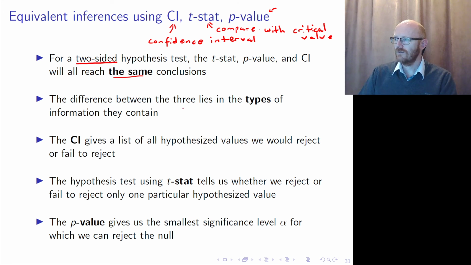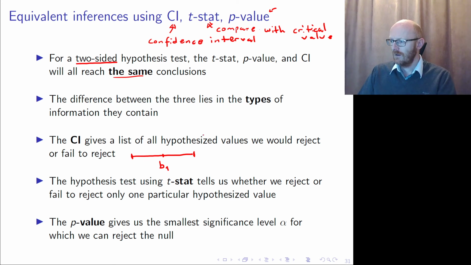Okay, and the difference between these is really about what kind of hypothesis you can test with them, or what you are actually testing. For example, the confidence interval gives you a range of values in which you are quite certain the true value of the population parameter will be.